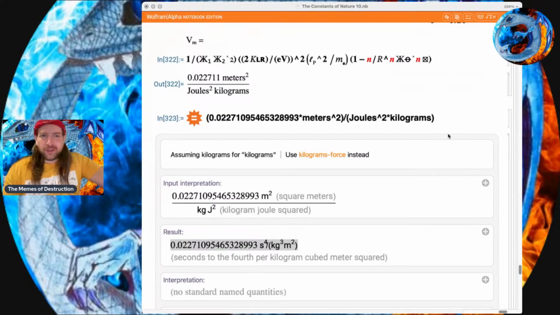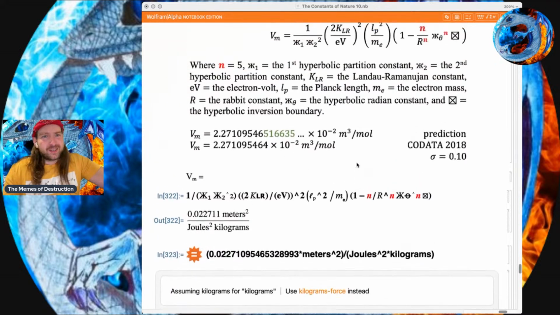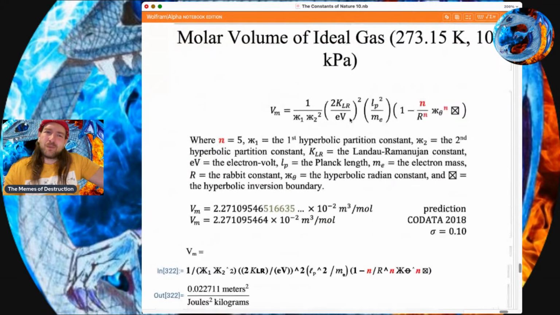This is moles per molar volume. So I mean meters cubed over mole. Wait a second. Put this on the number, kilograms, seconds for time.